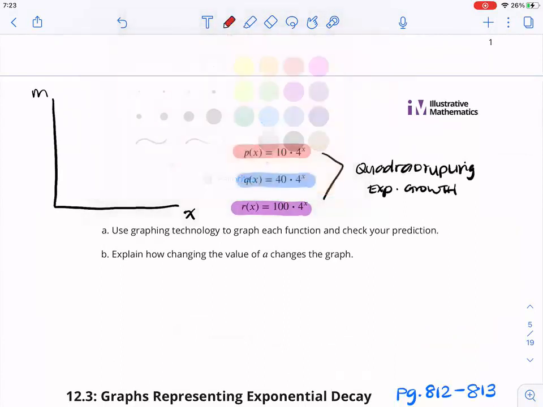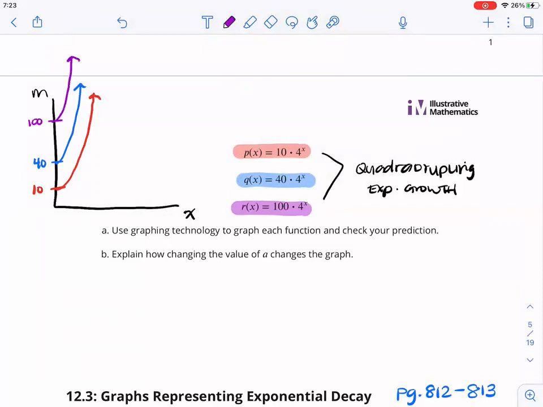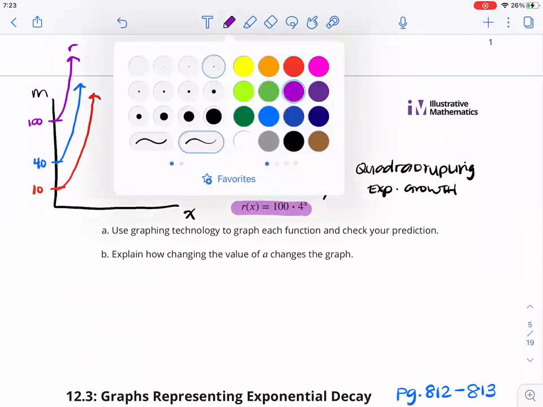Okay, let's start with red. P of x is going to start at 10, and it's going to grow pretty quickly. And then the blue graph is going to start at 40, and it's going to grow at the same rate. And then R is going to start up here at 100, and it's going to grow the same amount. Oops, I forgot to label my graphs.